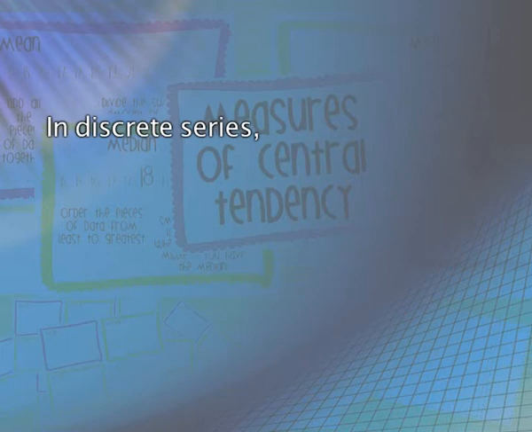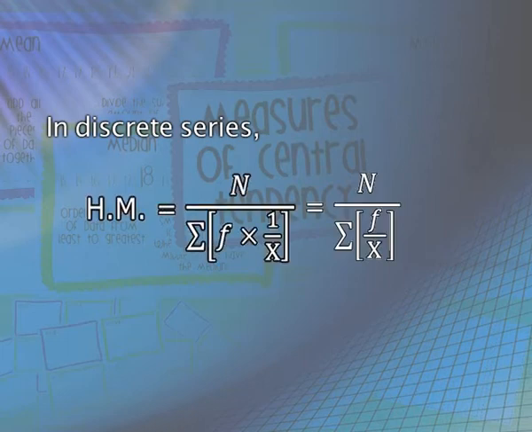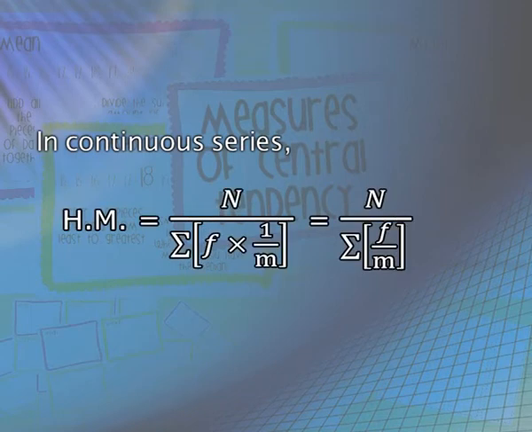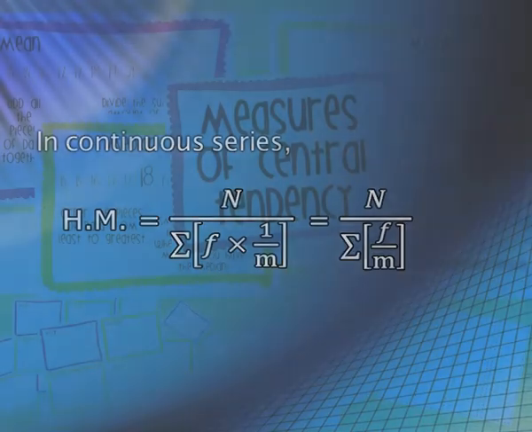In case of discrete series, harmonic mean is calculated as n divided by sigma f times 1 upon x, which is equal to n divided by sigma f by x. In case of continuous series, harmonic mean is calculated as n divided by sigma f times 1 upon m, which is equal to n divided by sigma f by m.